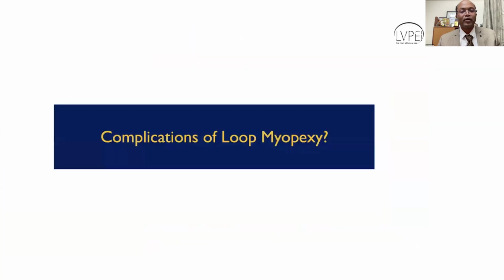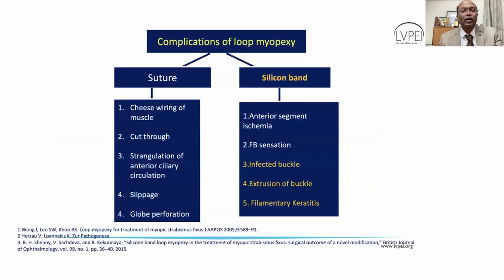So I think, having understood all these four types of MSF, I would like to draw your attention to the complications of loop myopexy. Loop myopexy can be performed using sutures or a silicon band.